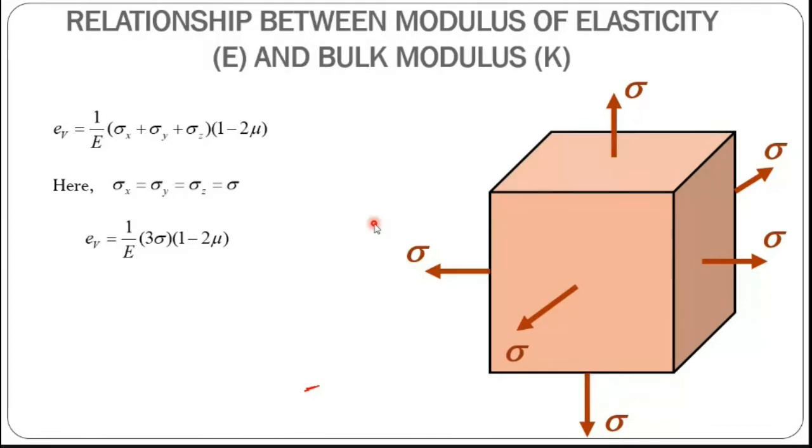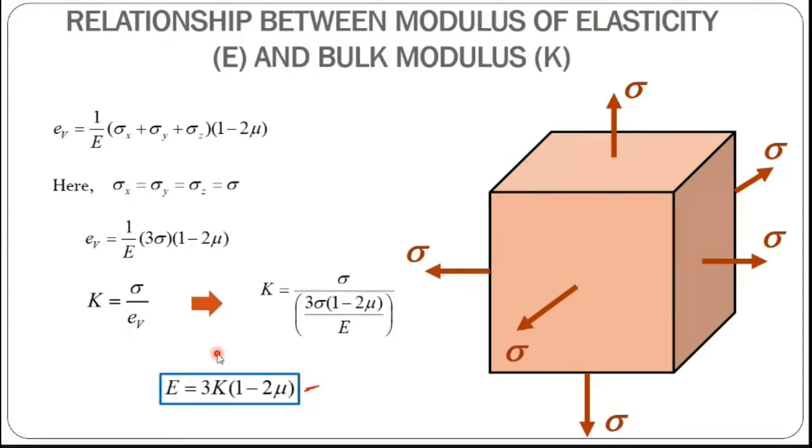Now you know that stress by EV is K. I can cross multiply this, so I'll get another equation. Cross multiplying, E is equal to 3K of 1 minus 2 mu.